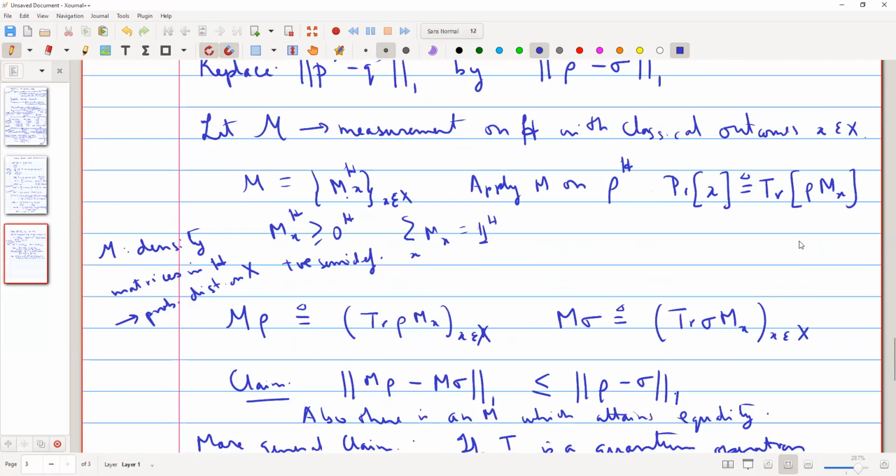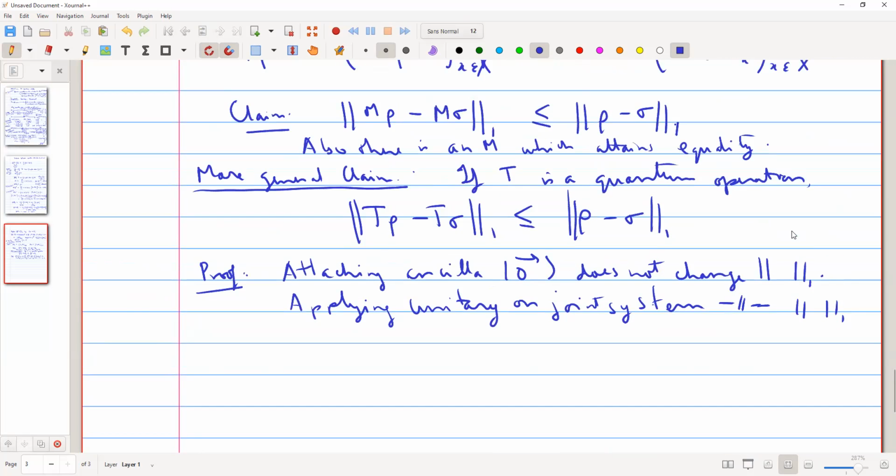Applying a unitary on the joint system does not change the L1 distance. This is just like the classical thing. Attaching the ancilla did not change the L1 distance. There the ancilla was ket 0, and there was also the private point, but nevertheless it did not change the L1 distance. Then applying a reversible, an invertible algorithm, also did not change the L1 distance. So the only thing that reduced the L1 distance was the discarding operation.